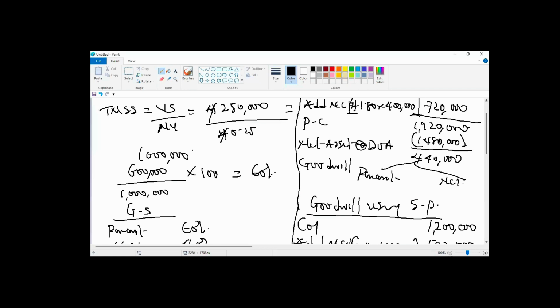I said even in fair value, the goodwill of the parent is share proportionate. And I said in summary, the goodwill of the parent is share proportionate in any of the two methods.